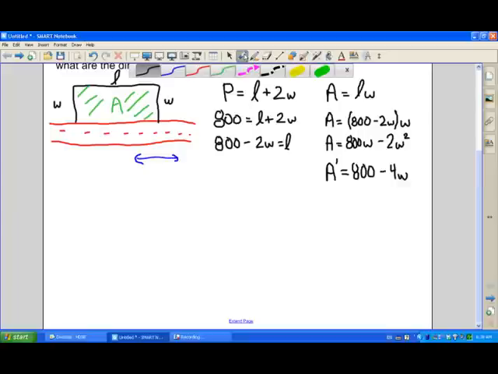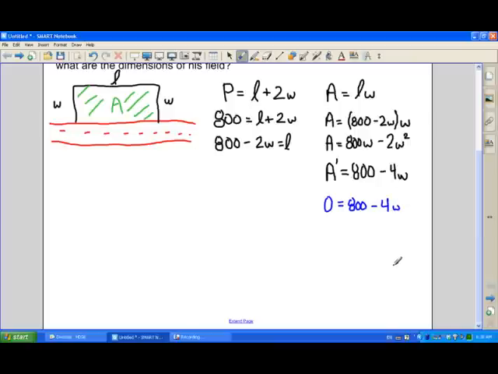So if I set the derivative equal to 0, and then rearrange and solve for W, I get a width of 200.